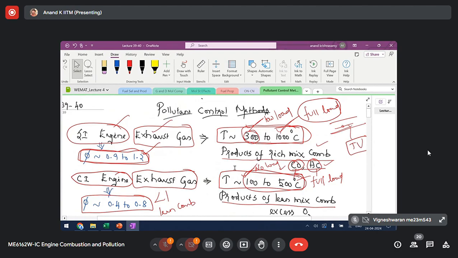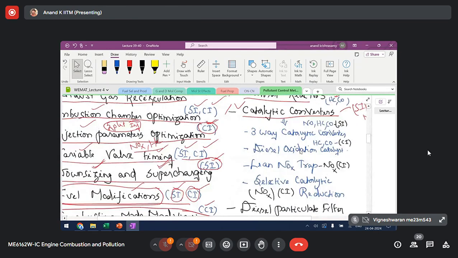Only in the SI engine do you have a high exhaust gas temperature, from 300 to 1000. In the CI engine you have a very low exhaust temperature, 100 to 500. That's why we cannot use this thermal reactor option for the CI engine. That is ruled out because the gas temperature is less. In the SI engine you have a high gas temperature, and we want to utilize this high gas temperature to oxidize HC and CO. That is what I am talking about here in terms of the thermal reactor.